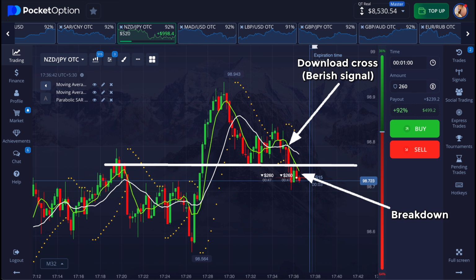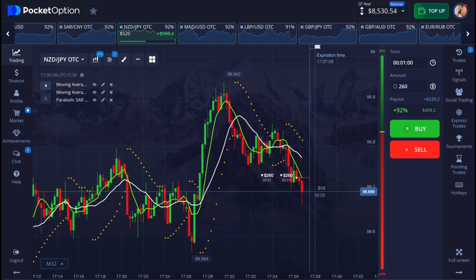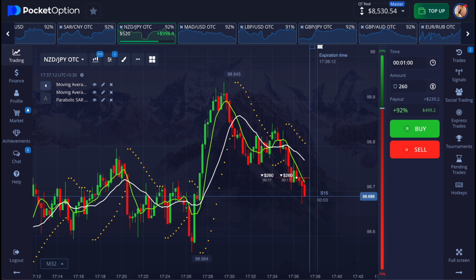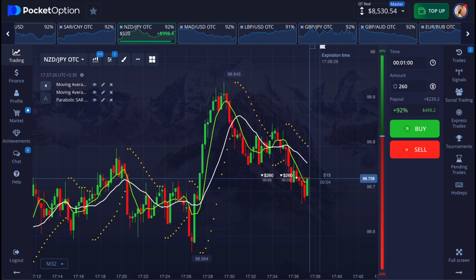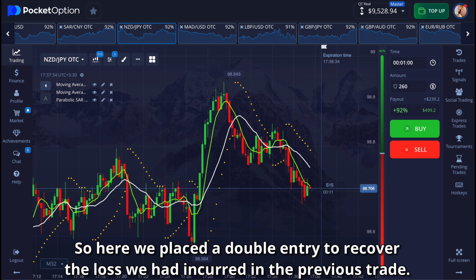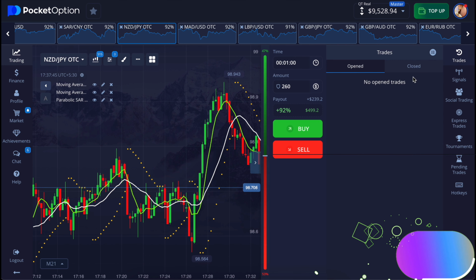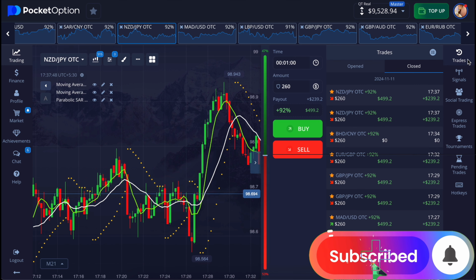So now there are more chances of the market moving mostly in the downward direction. So here we placed a double entry to recover the loss we had incurred in the previous trade. And in the last few seconds the market was close to the entry point, but our entry has easily won here.